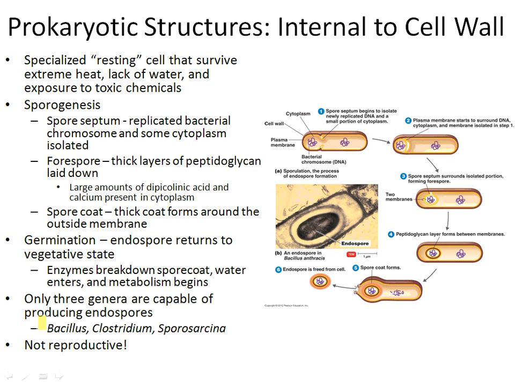A lot of our really nasty diseases we're going to talk about are caused by endospores. There's only 3 genera, 3 different genuses, if you want me to say it wrong, that can make endospores. But that's enough to make some nasty diseases. Bacillus anthracis, that's the bacteria that produces the endospore that causes anthrax.